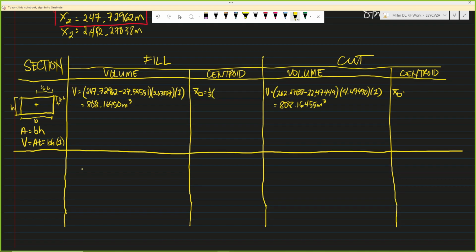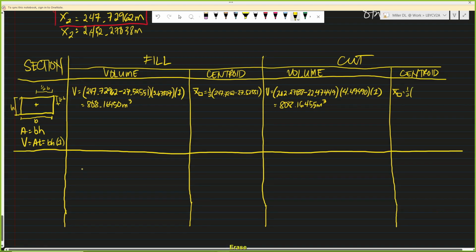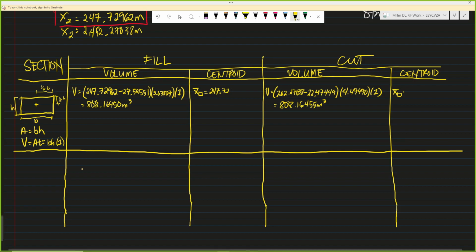So, 1/2, ang base natin ay 247.72962 minus 27.52551 all over 2.